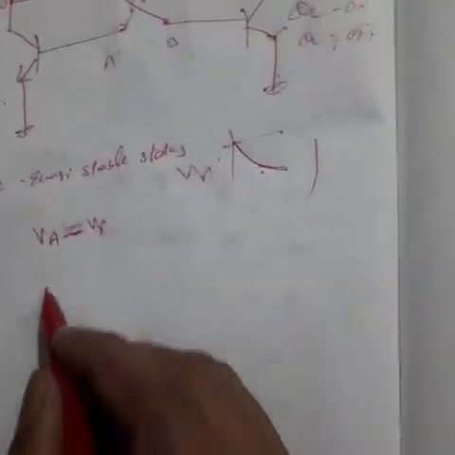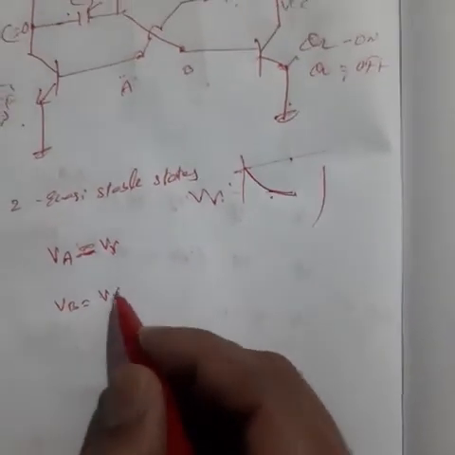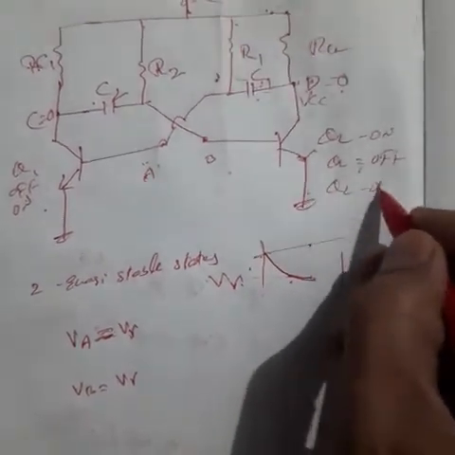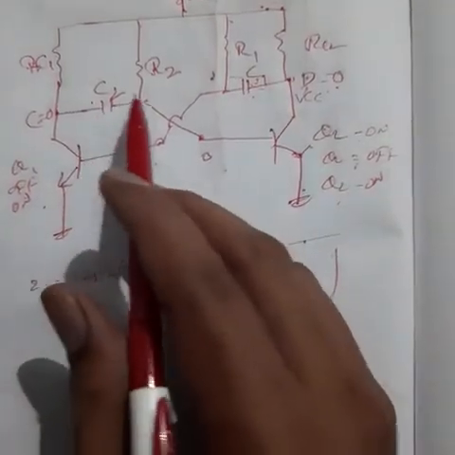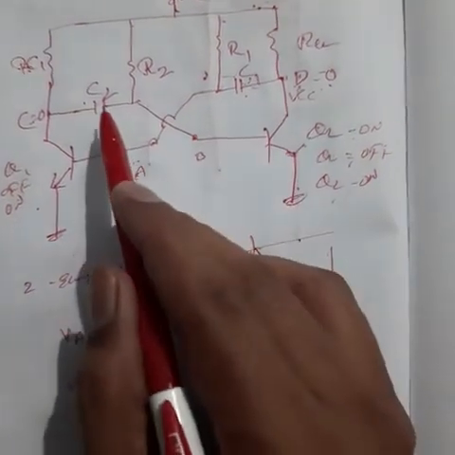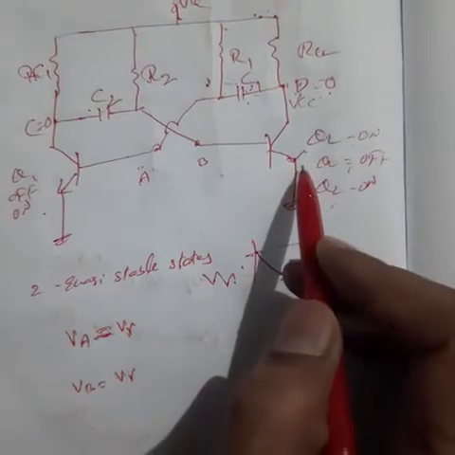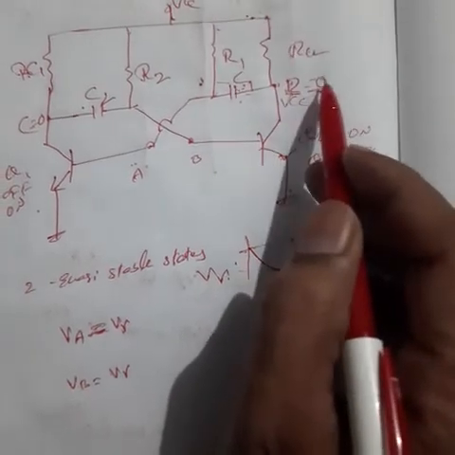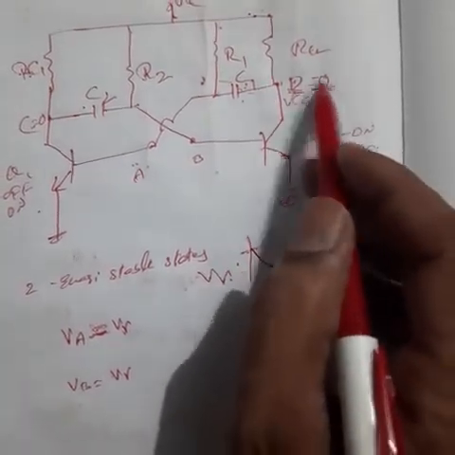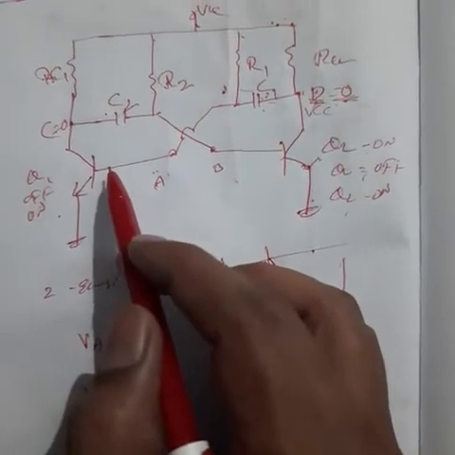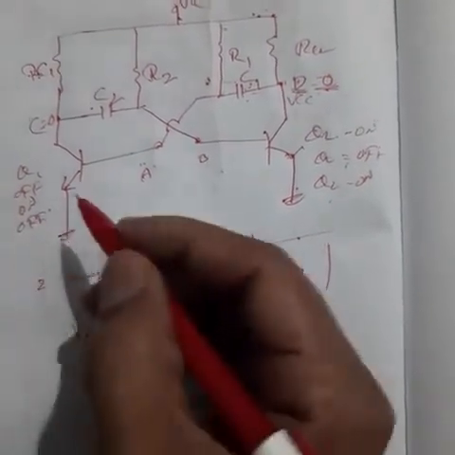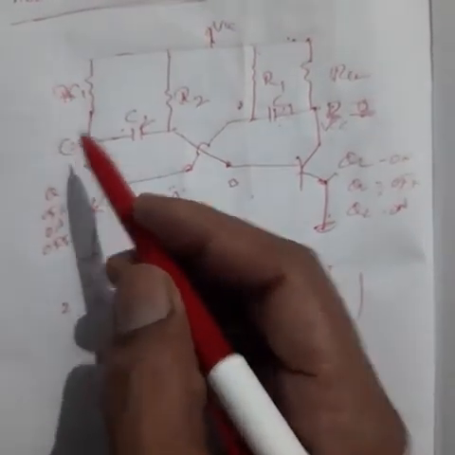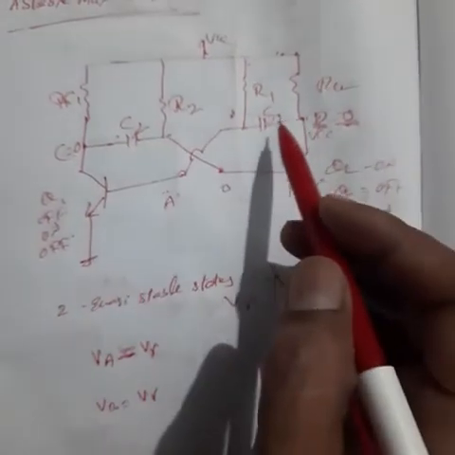When this discharge voltage, VB, is equal to the cut-in voltage, then Q2 becomes on. If Q2 becomes on, output voltage is equal to 0. This sudden 0 is directly applied to the base of transistor Q1, so transistor Q1 becomes off. Again, here it is maximum voltage. Capacitor C2 starts charging and C1 starts discharging.